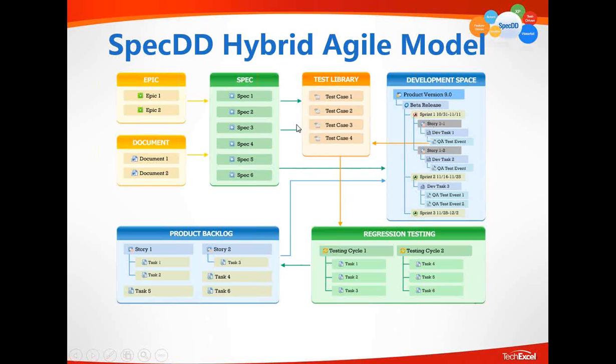And as you assign such a spec to a development sprint, it becomes a story. Stories are broken down into development tasks, and the tasks are estimated with time remaining. If you can include time remaining, that will be a plus.